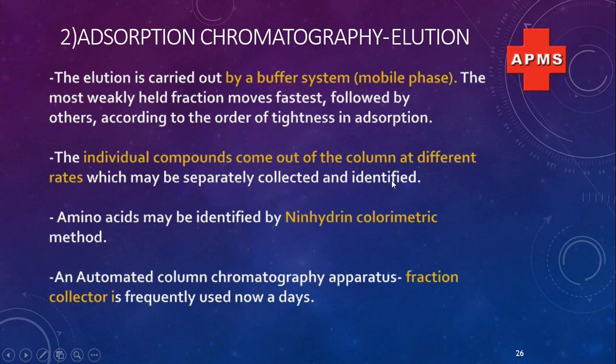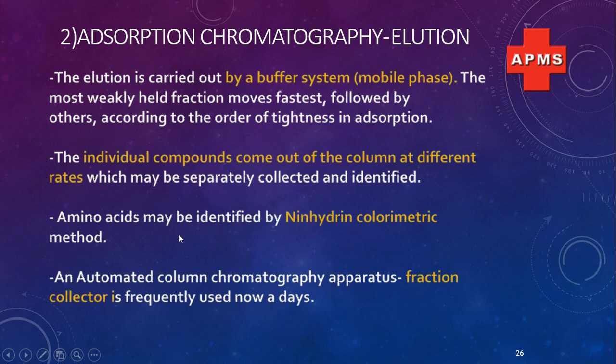So it is shown here a simple liquid chromatography technique where the adsorption phenomenon is actually taking place, where we use column chromatography to separate various organic or other types of compound mixtures in our chemical synthesis laboratory. Amino acids may be identified by the ninhydrin colorimetric method.